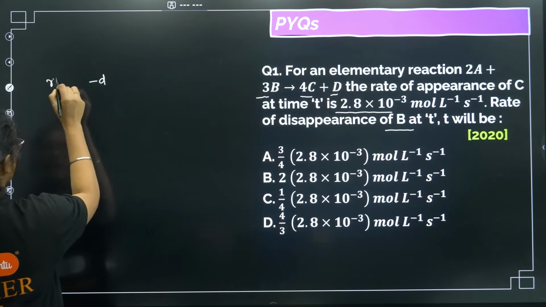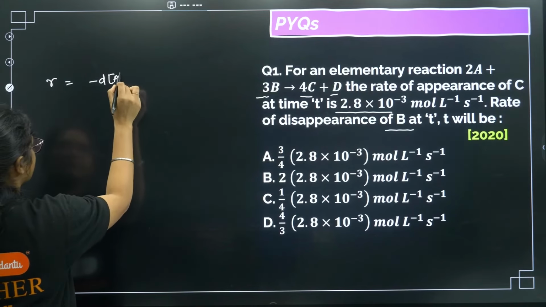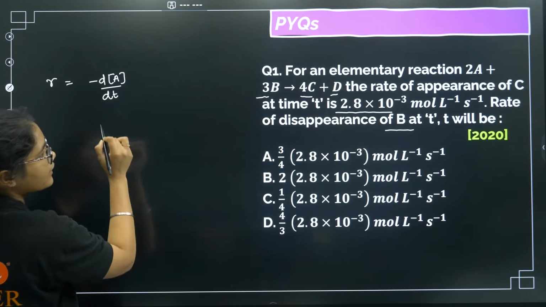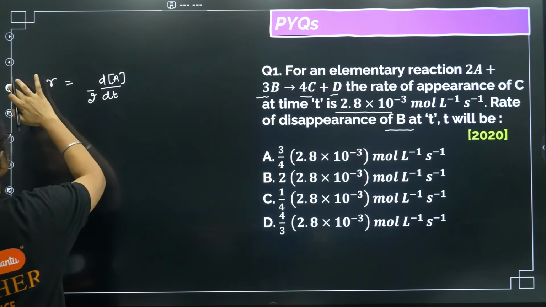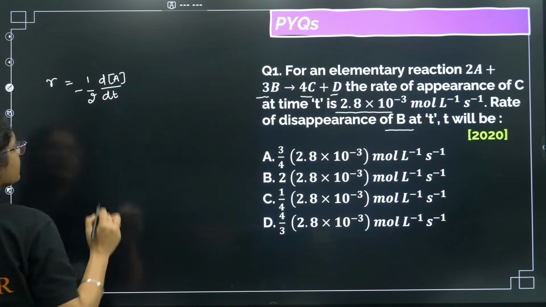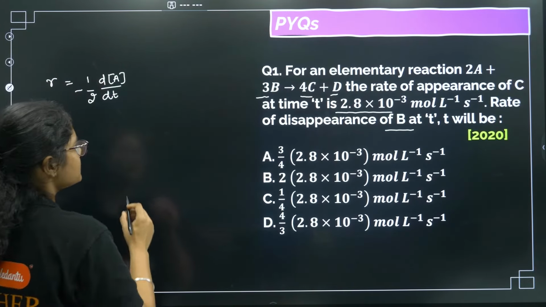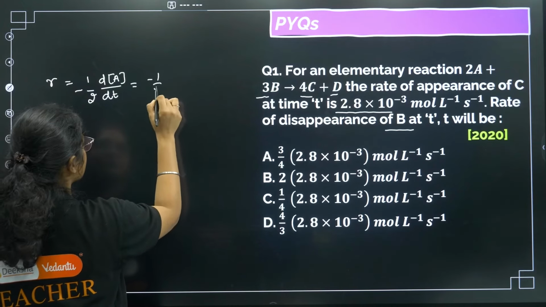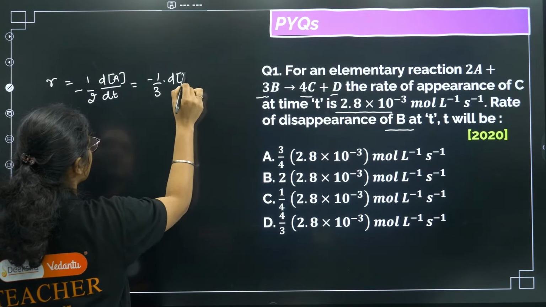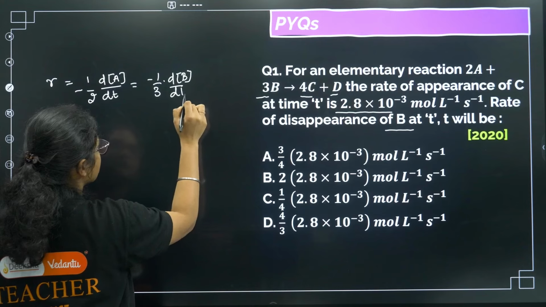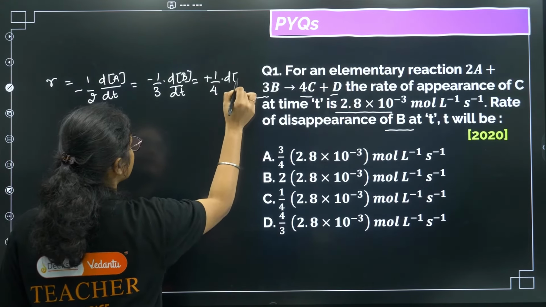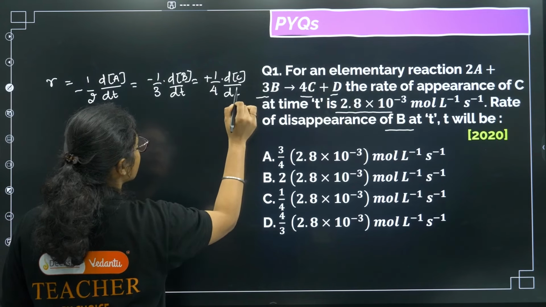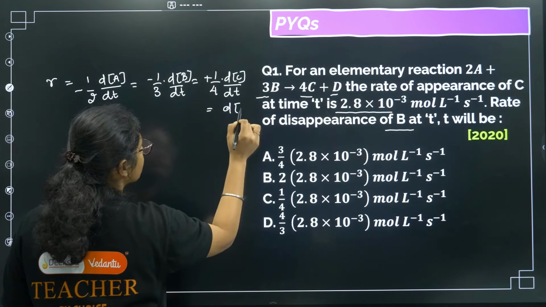So I'll write rate is equal to minus 1 by 2 dA by dt, that is equal to minus 1 by 3 dB by dt, right? Then we have plus 1 by 4 dC by dt, okay, which is equal to dD by dt.